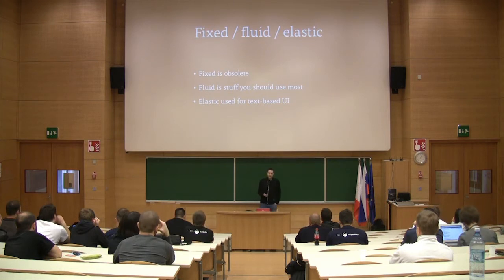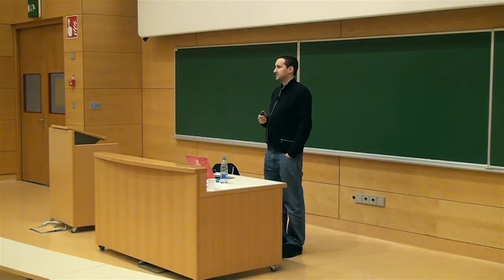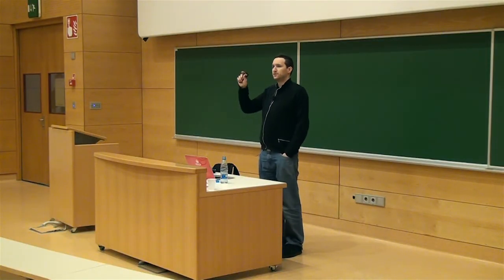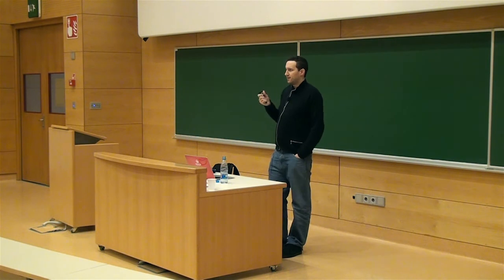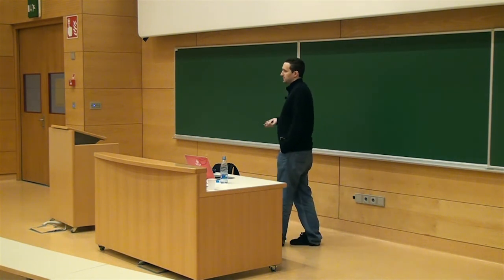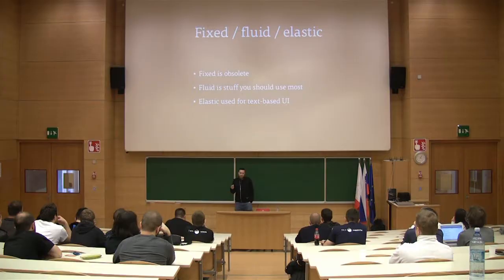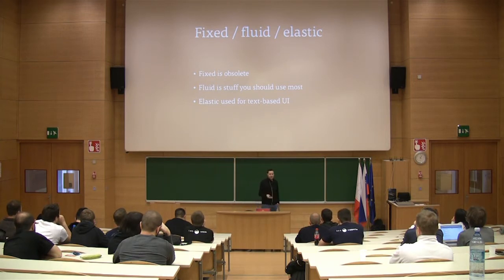So elastic layouts are based on ems. That's sort of a measure of font size. You want to use that when your UI depends on text a lot. So there's, for example, Flickr's sidebar.